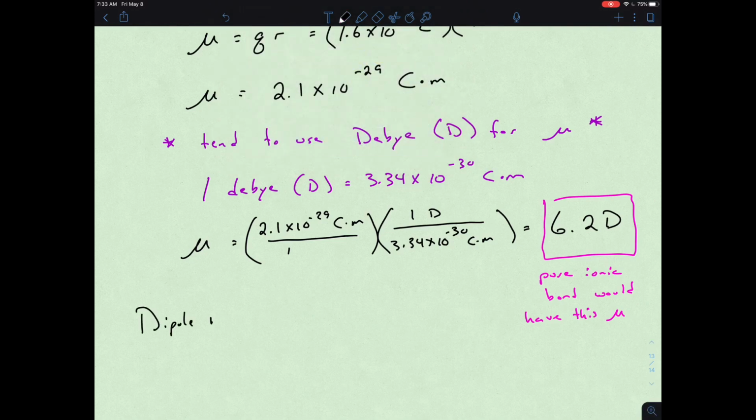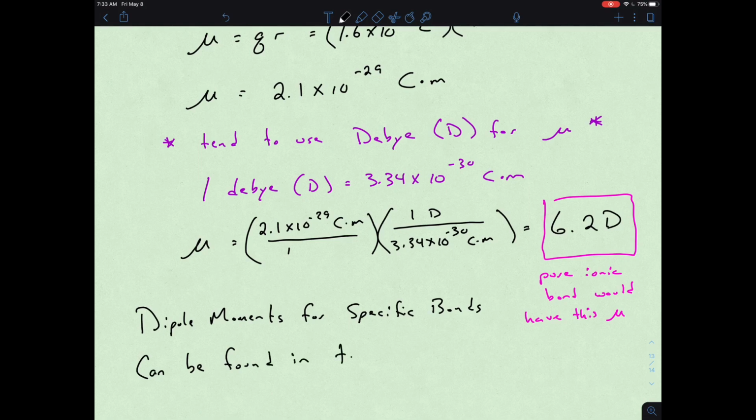Dipole moments for bonds, or rather for specific bonds, can be found in tables.